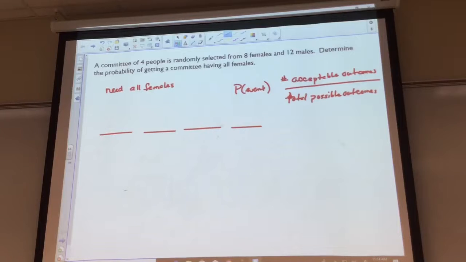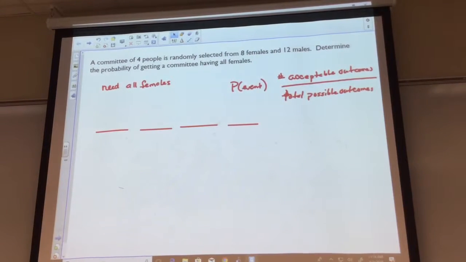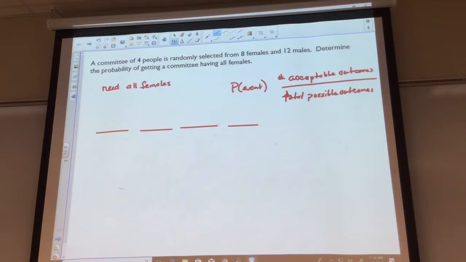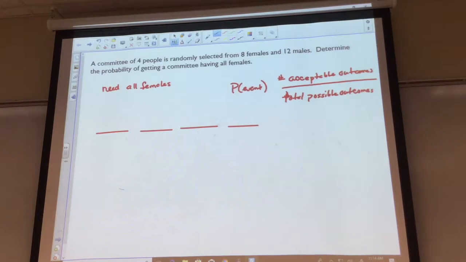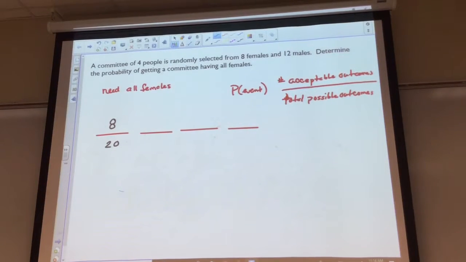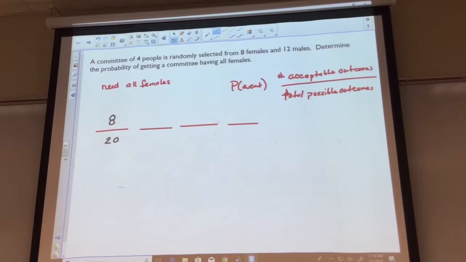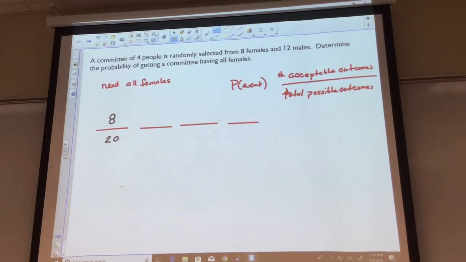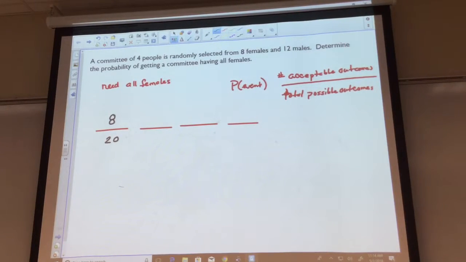So how many people could satisfy the first position? Any of 8 people. And how many total people did we have to select from? We have 20. We are selecting 4 people, but we're selecting from a pool that's much more than 4 people.